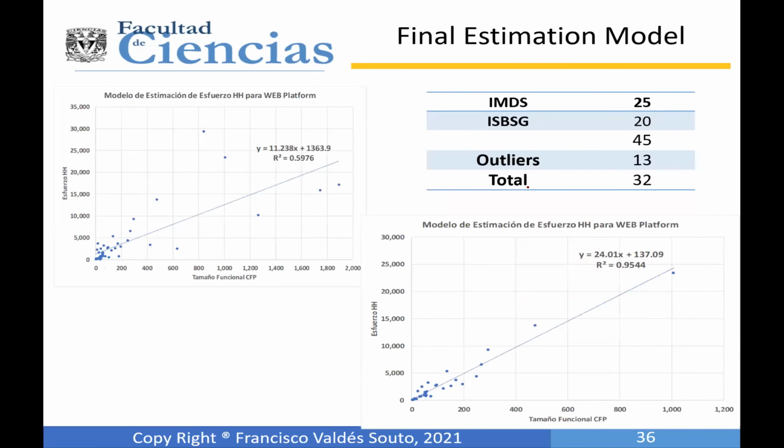So after the analysis of the outliers, we take off 13 projects, and we get a total of 32 projects, and we observe the improvement of the model.